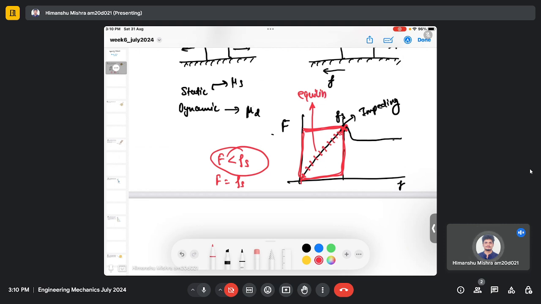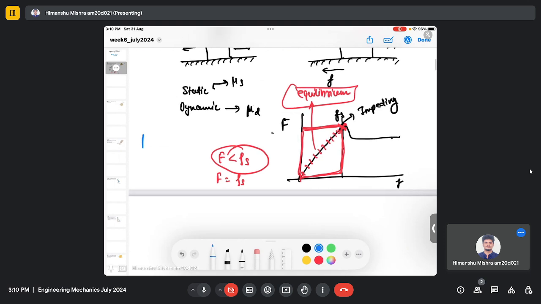by using the equilibrium equations that we have seen, because in this region the body is not moving at all, the body is at rest, or the system is in an equilibrium state. So you can use the equilibrium equations like force balance or moment balance equations to find or analyze the friction force. But after this impending motion, when the body starts moving, the friction force can be given by this relation.